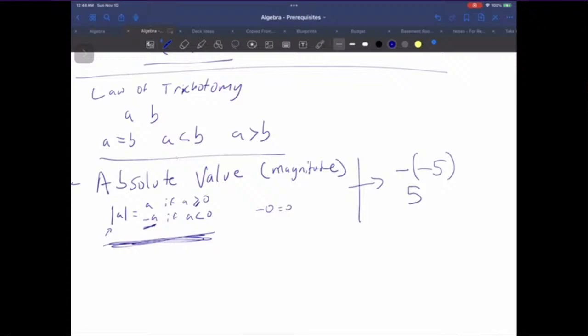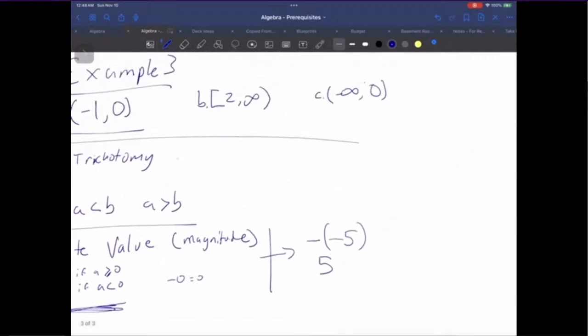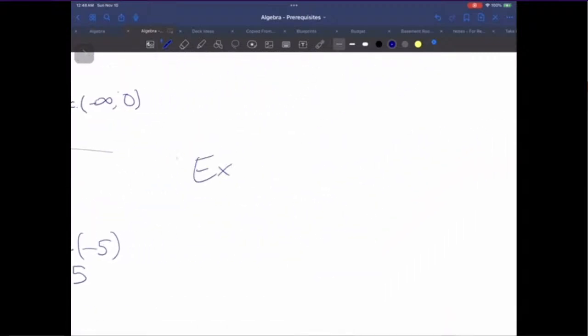Okay, so example 4 says evaluating the absolute value of a number. Actually, this one is interesting. Let's go for it. So you have, let's do it off to the side here, example 4. It says, evaluate the absolute value of x divided by x for a, x greater than 0, and b, x less than 0.